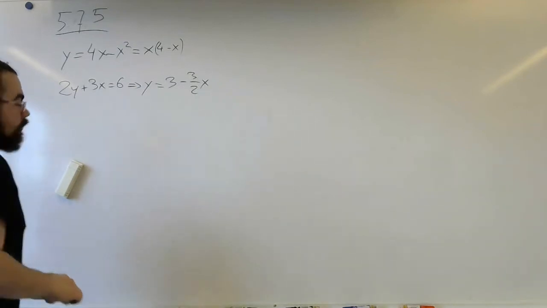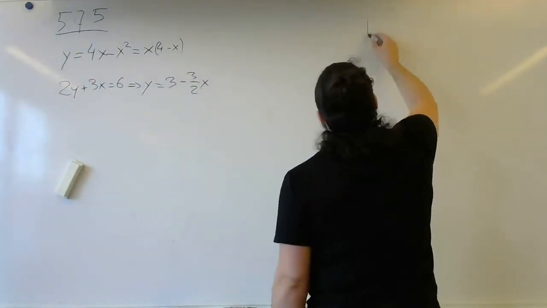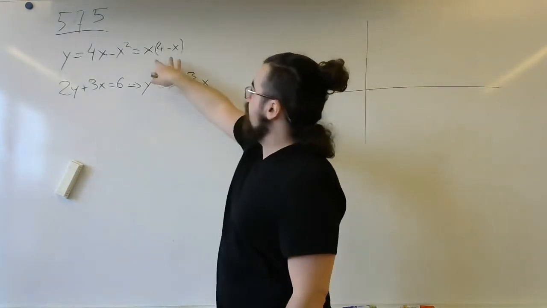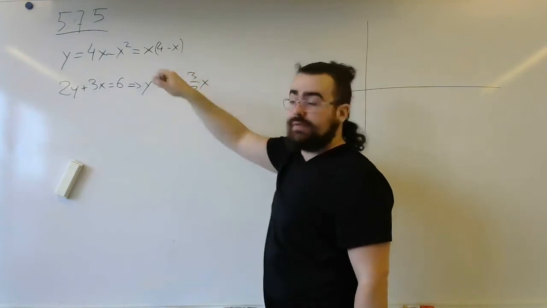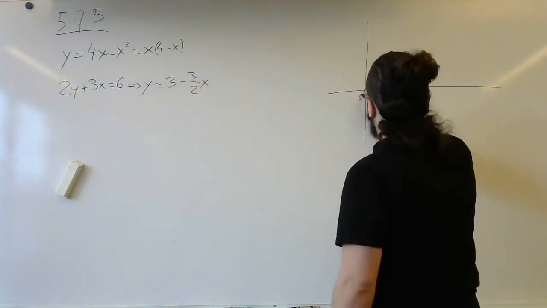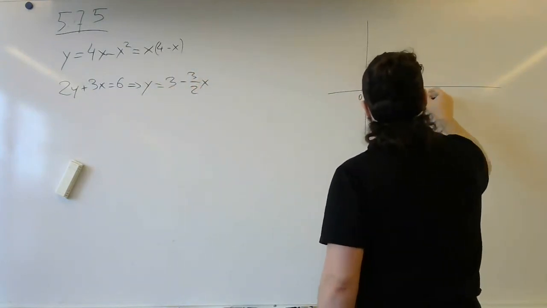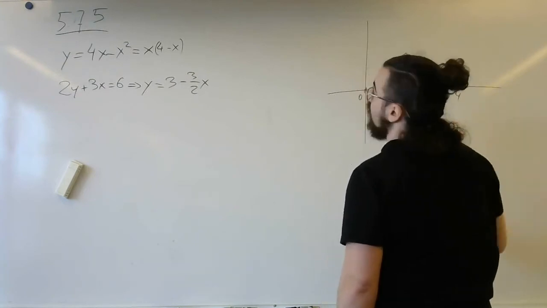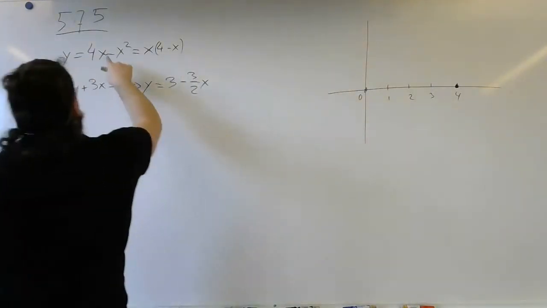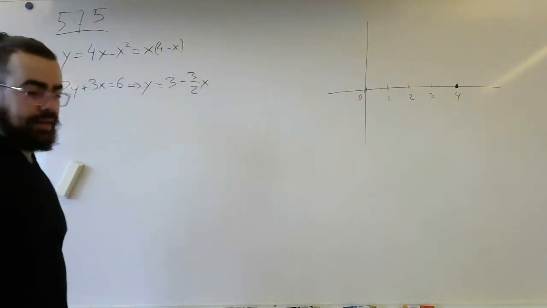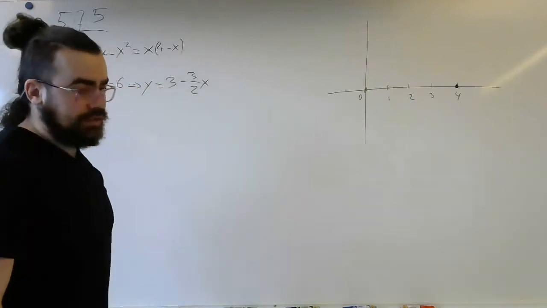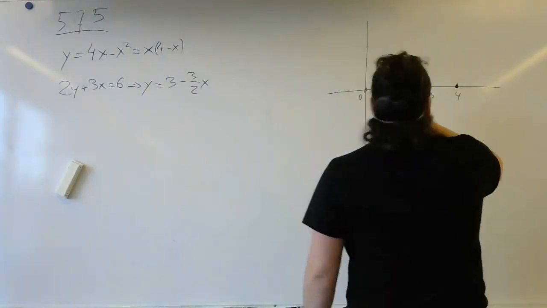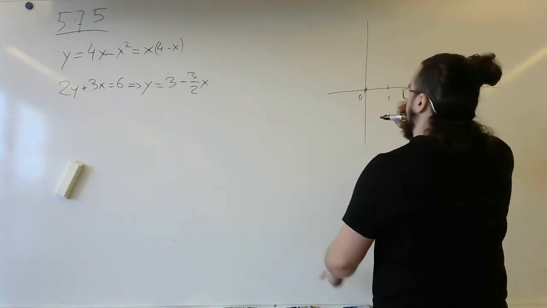So I'm going to sketch these functions. This thing has two zeros, at 0 and at 4. It's a parabola and it's sad because the coefficient of x squared is negative, so the parabola makes a sad face.